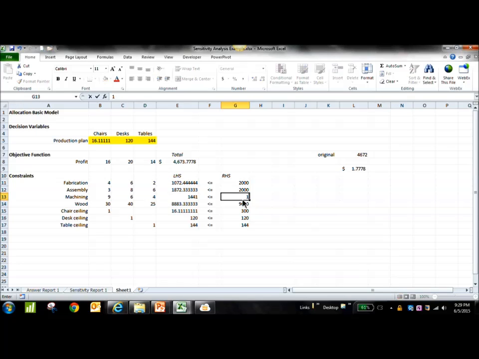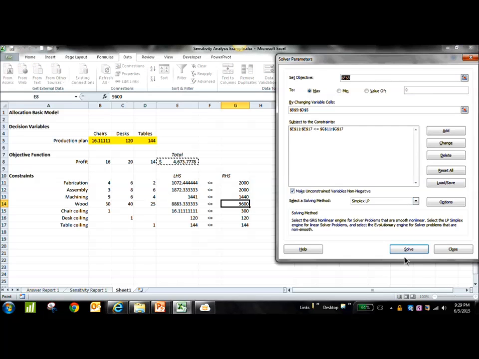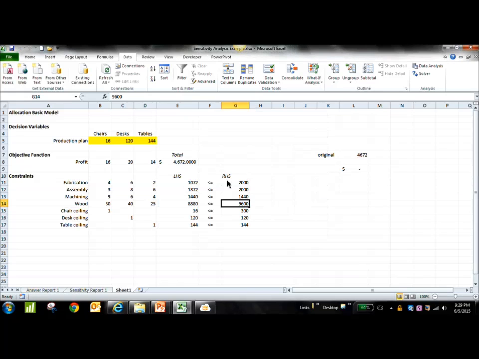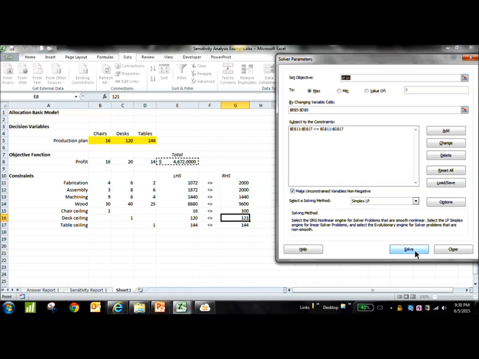We can try that. Let me just put this back to what it was and run it very quick. Okay, it's back to the original. Now let me add 1 to the right-hand side constraint here. Let's see what happens.